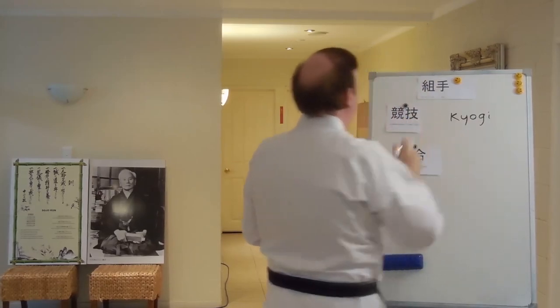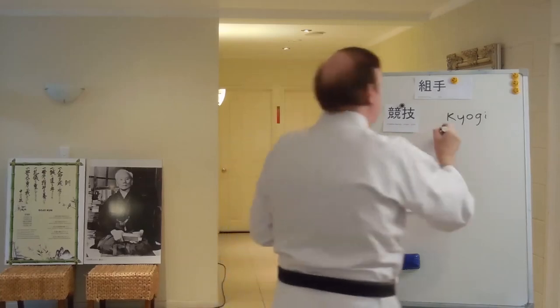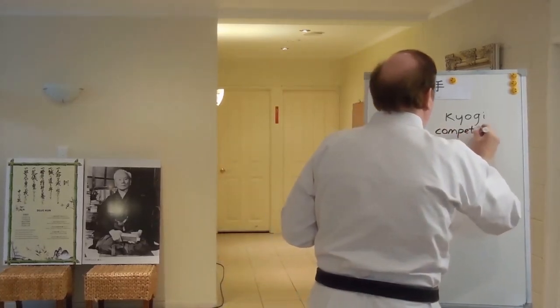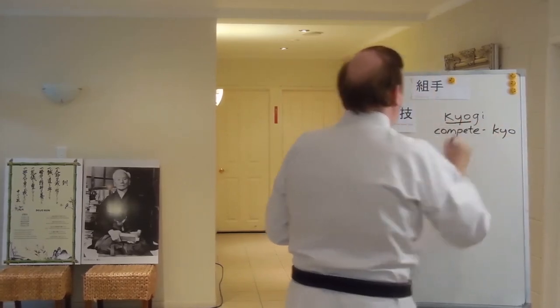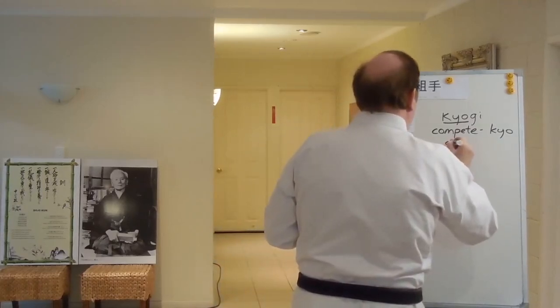And this is the kanji for kyogi. So kyo means compete. That's the kyo. That's this bit here. And gi comes from, again, gijitsu.